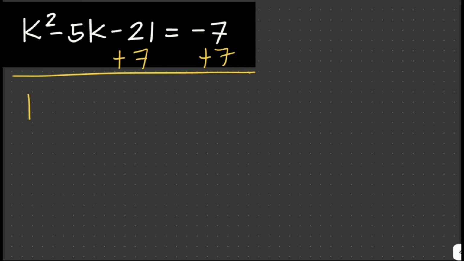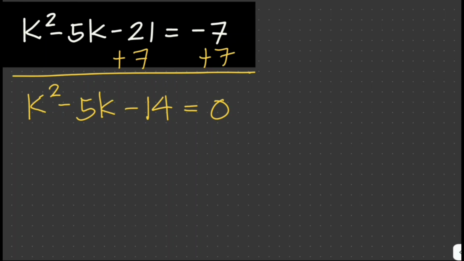So this would be k squared minus 5k minus 14 equals 0. And now our new equation is k squared minus 5k minus 14 equals 0.